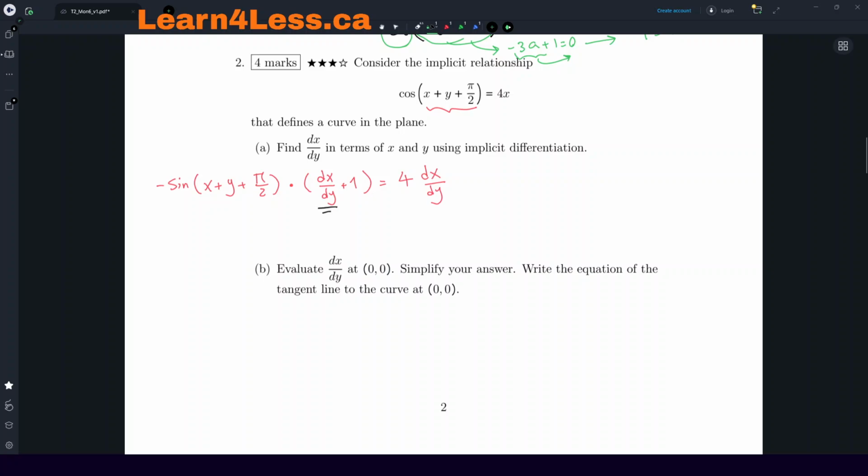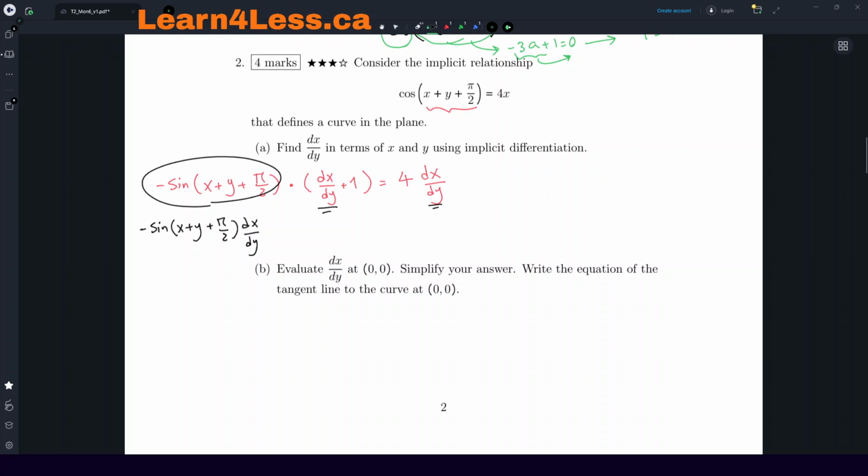We have one dx over dy here and one of them here, so we need to collect them on one side. The first thing is this is kind of stuck in these parentheses. So let's expand it. By multiplying the negative sine by this bracket, we free dx over dy from the bracket, and then we move it to the other side. So what I would get is negative sine of x plus y plus pi over 2 times dx over dy.